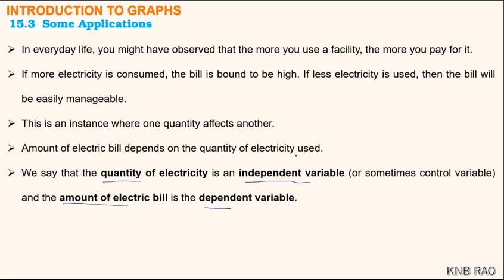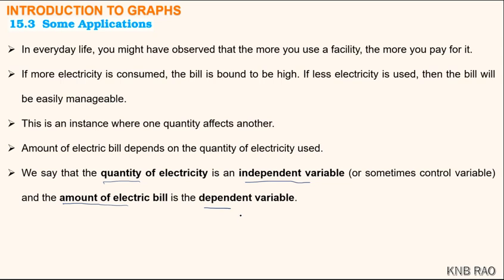How much you use, the quantity of electricity, is independent, but the amount that you have to pay depends upon the quantity of usage. So, the amount of the electricity bill depends on the quantity of electricity that we use. That's why it is dependent.